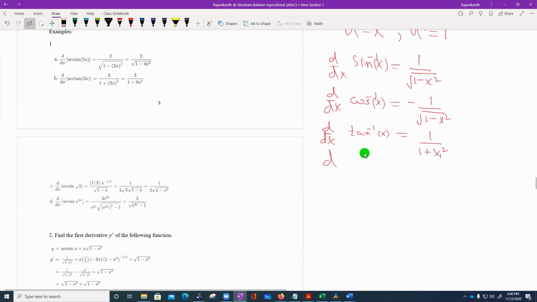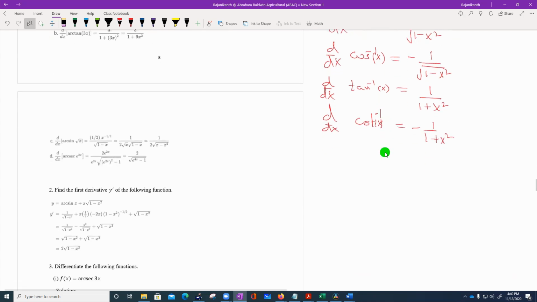Then the derivative of cotangent inverse x is the same as for tangent but with a negative sign. You see that? Then the derivative of secant inverse x says 1 over absolute x times the square root of x squared minus 1.